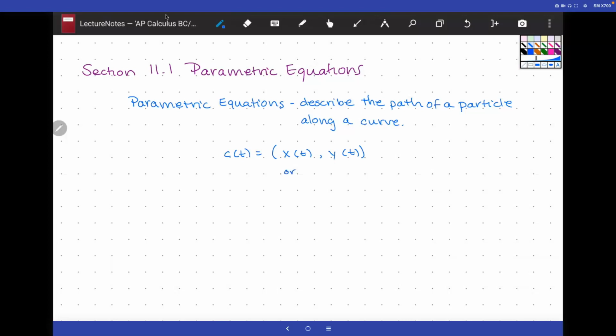Or you might just see it written as x equals one function, y equals another function. T is called the parameter. And T is often used because it's often in terms of time, but theta is another common one that's used as a parameter because for angles. All of that will become clear in a moment.